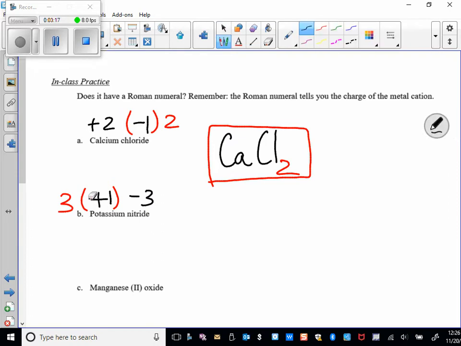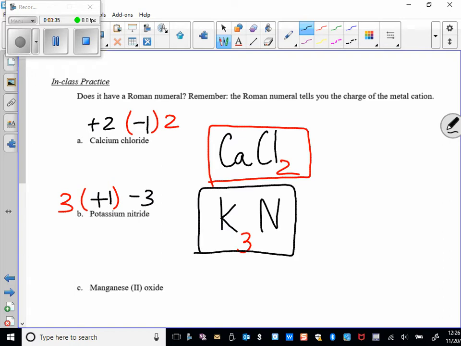So now I'm ready to write the formula. Should potassium have a subscript? What is that subscript going to be? 3. And then nitrogen. Does nitrogen have a subscript? No. And so therefore my formula for potassium nitride is K3N. Are we good?